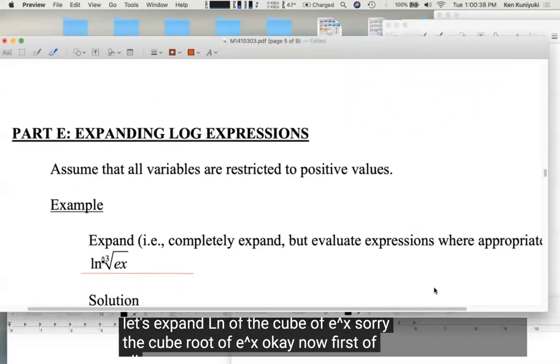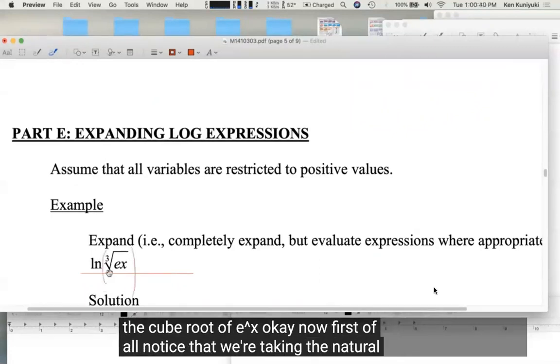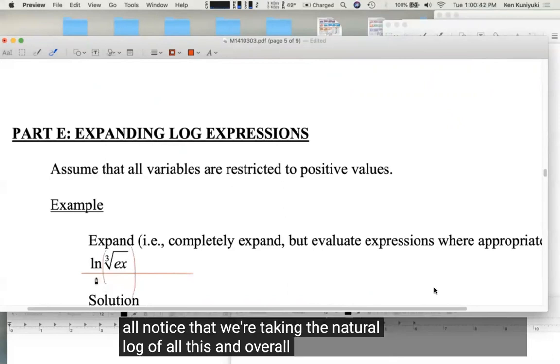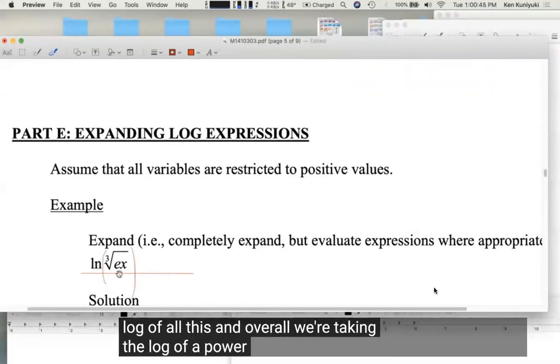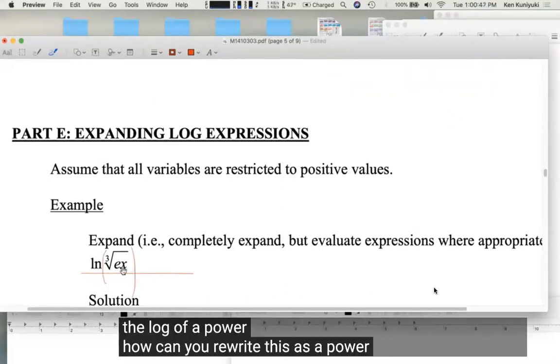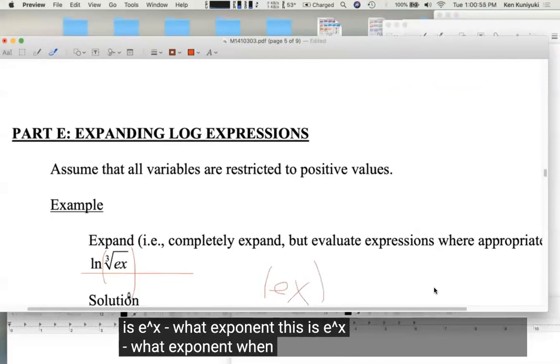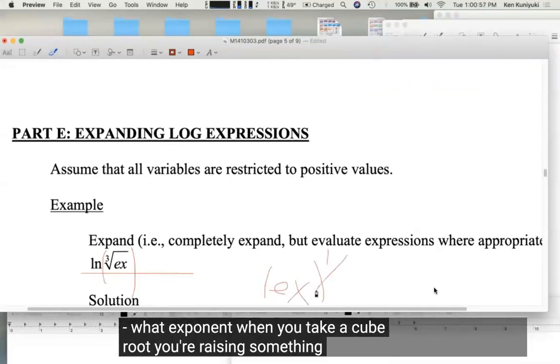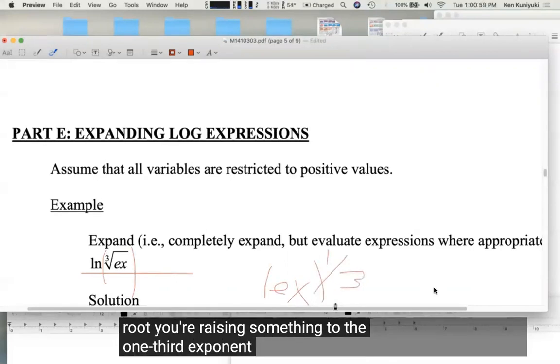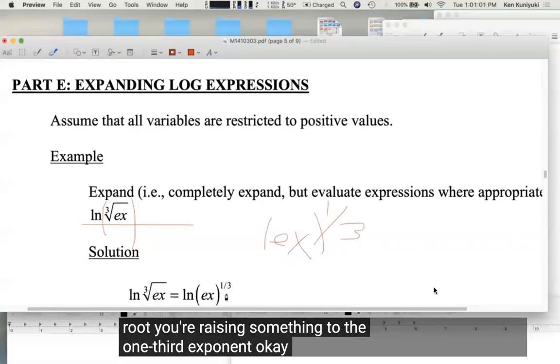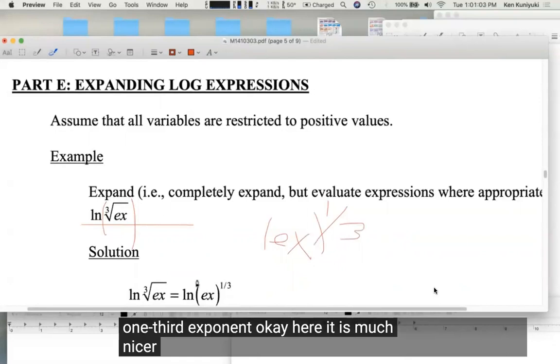Okay, now first of all, notice that we're taking the natural log of all of this, and overall, we're taking the log of a power. How can you rewrite this as a power? This is e^x to what exponent? When you take a cube root, you're raising something to the 1/3 exponent. Okay, here it is much nicer.